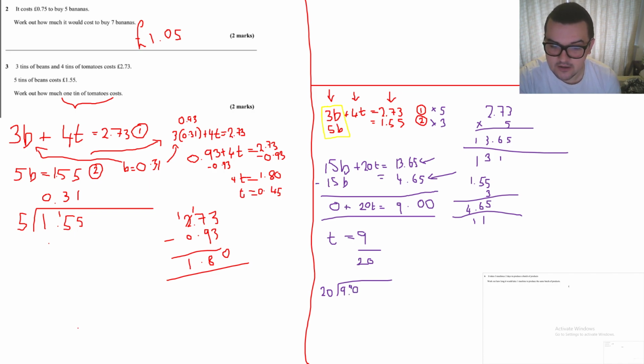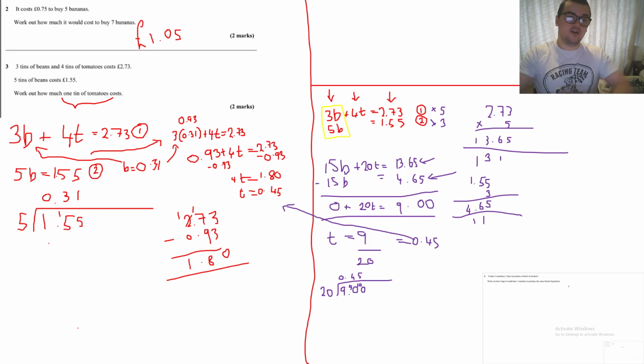How many 20s go into 90? 4, remainder 10. So we do another little dot. We do a 10. How many 20s go into 100? That's 5. Don't forget to put your 0 and your point. That becomes 0.45, which is exactly what we got over here. So those are your two ways of solving this question.